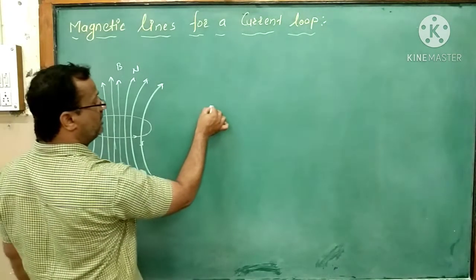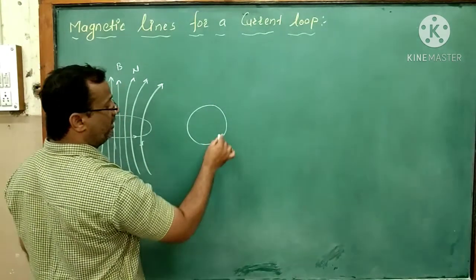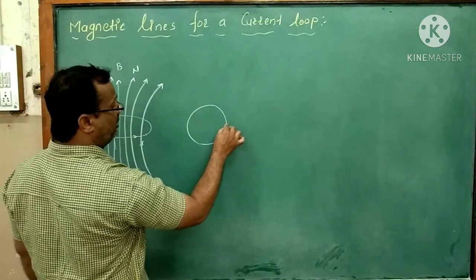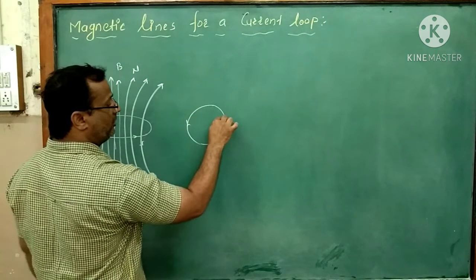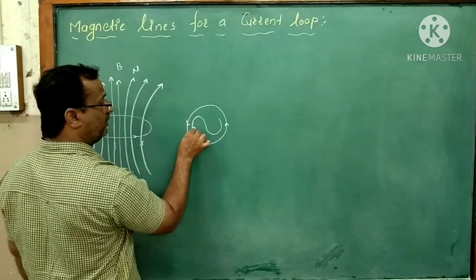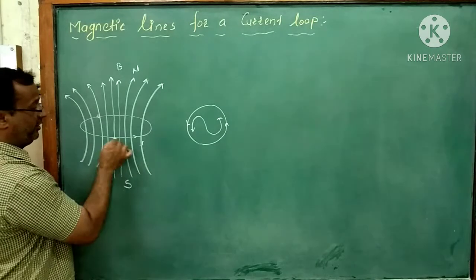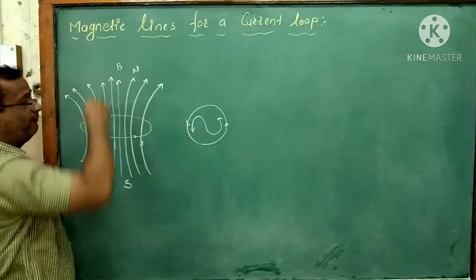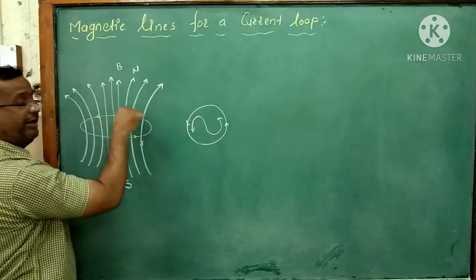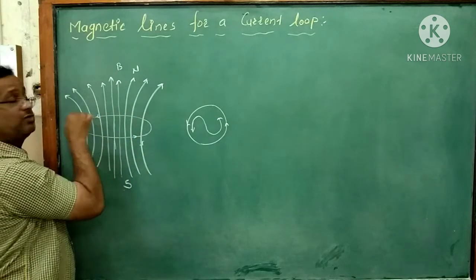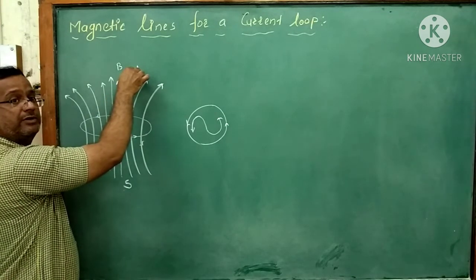Suppose we consider this circular loop, and here an anti-clockwise current flows. Then that anti-clockwise sense of current represents the north pole. If we see from the top view, the direction of flow of current is anti-clockwise, so toward this face the north pole is produced.